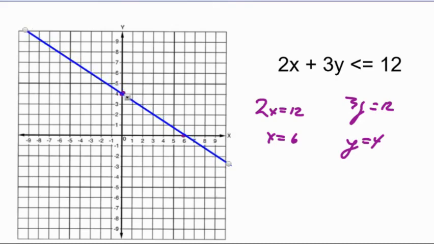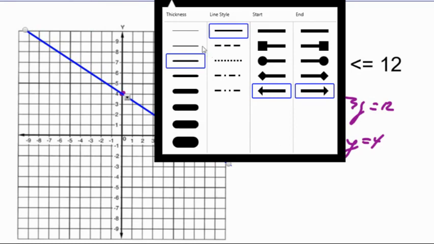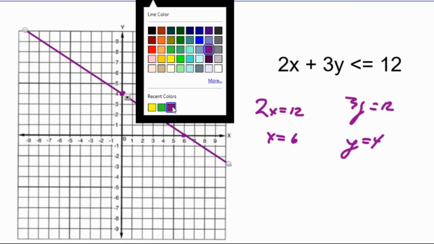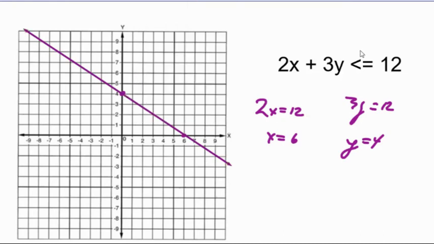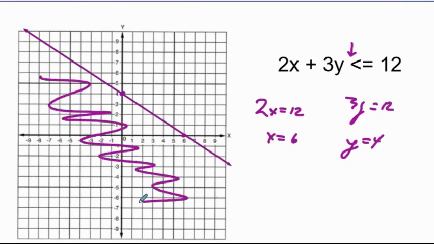Okay, so there's my line. It's solid. I'm going to just change the color here, and purple. There we go. And once again, I see this less than right here. So it's down here.